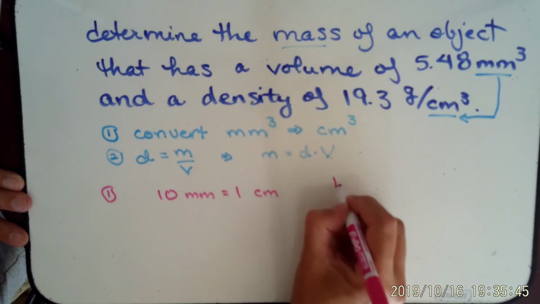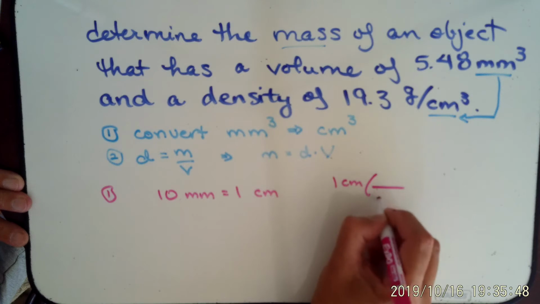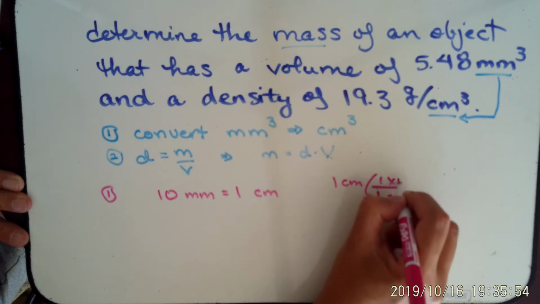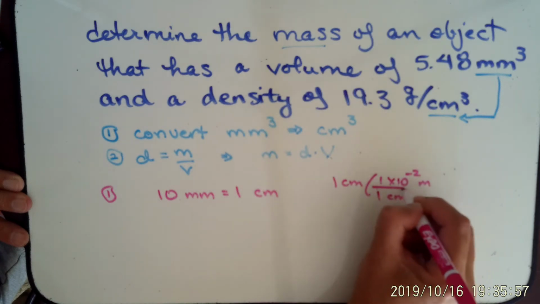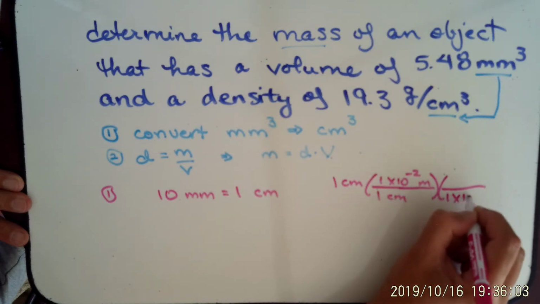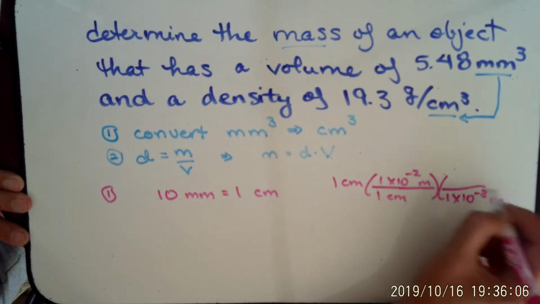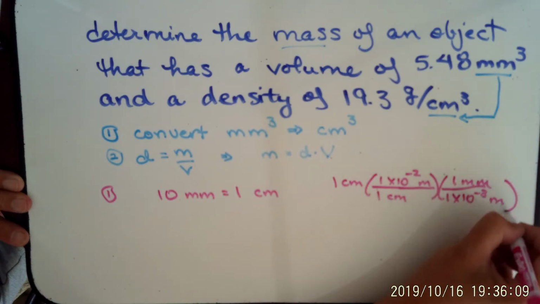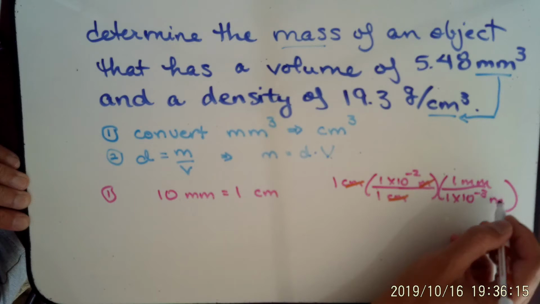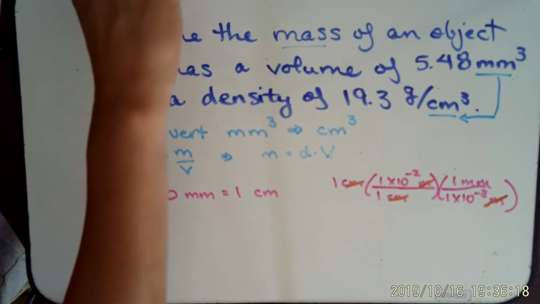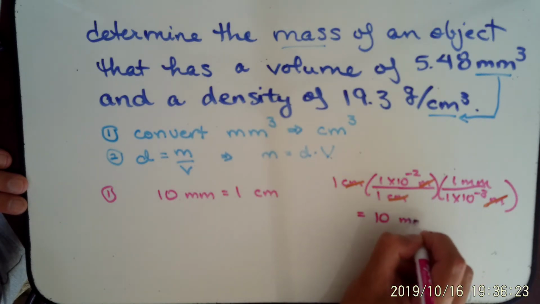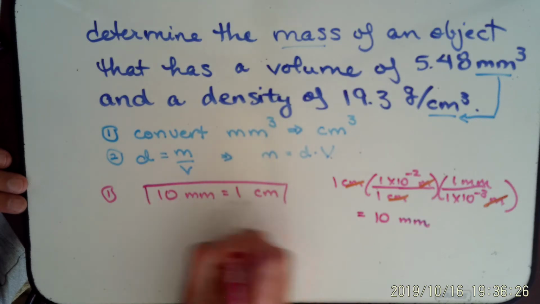So 1 centimeter is 1 times 10 to the minus 2 meters, and I want to convert it to 1 times 10 to the minus 3 meters, which is 1 millimeter. Cancel out our units. So we know that 1 centimeter is equal to 10 millimeters. Okay, so that's how I got this conversion.